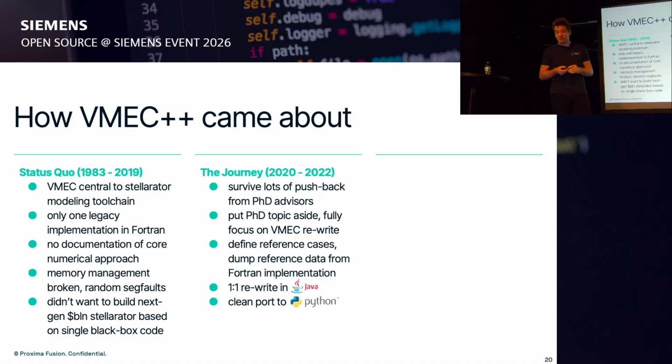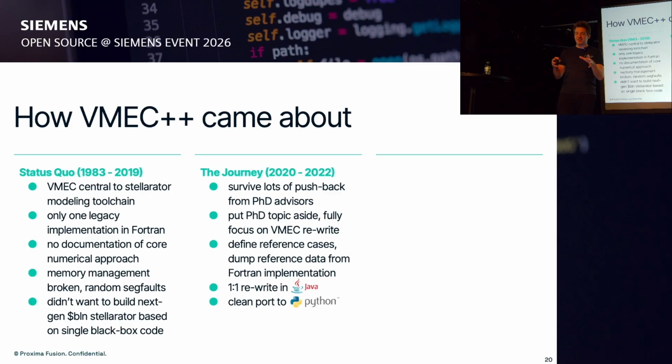I had to survive a lot of pushback there, obviously, because they were worried that this would take a little bit longer. And guess what? It took, in the end, 4 years. But in the end, they said the only thing you need to do is listen to our feedback, and then it's your project. You're the project manager of your PhD project. If you mess it up, you just don't have a PhD. That's okay. I was fine with that.